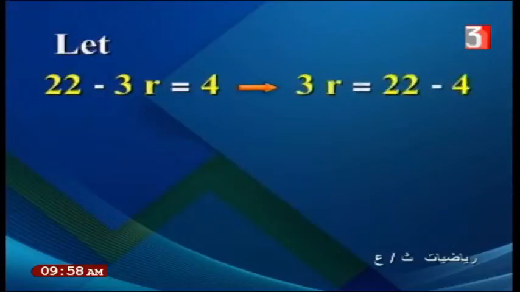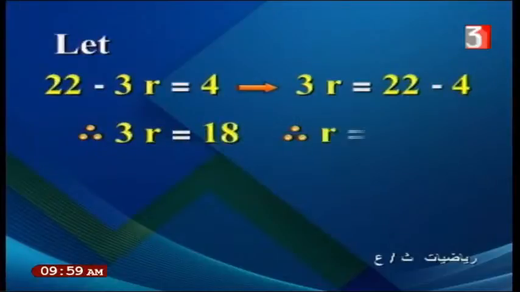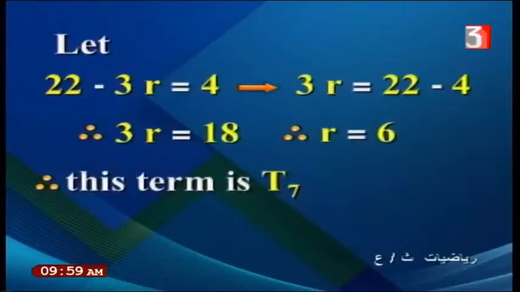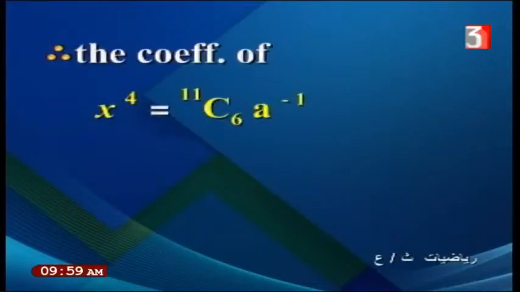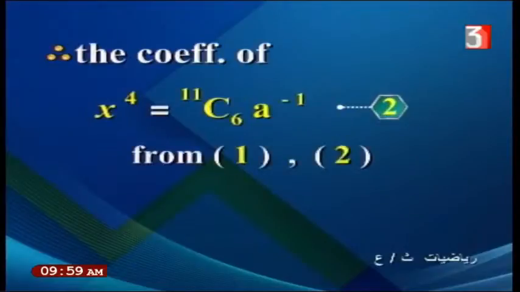To get the term containing x to the power 4, let 22 minus 3r equal 4. What is the value of r? 3r equals 18, r equals 6. Then the term is T7. What is the coefficient of T7? 11 C 6 a to the power negative 1. Then we reduce that. The coefficient of x to the power 4 is 11 C 6 a to the power negative 1.